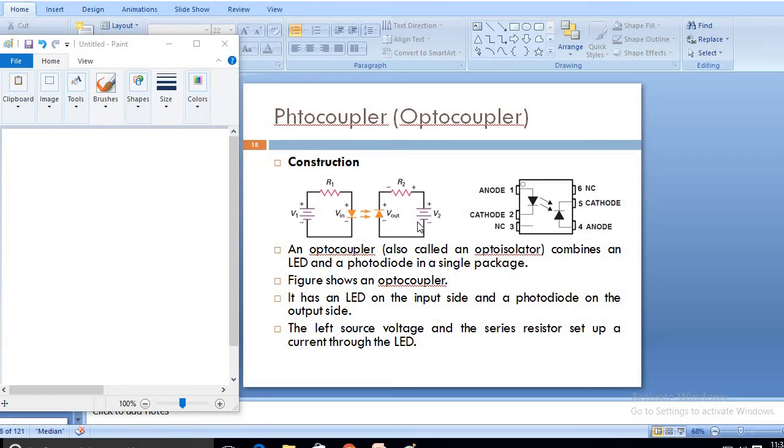In the same way, a voltage is developed across this photodiode also. How do you calculate the output voltage across this photodiode?